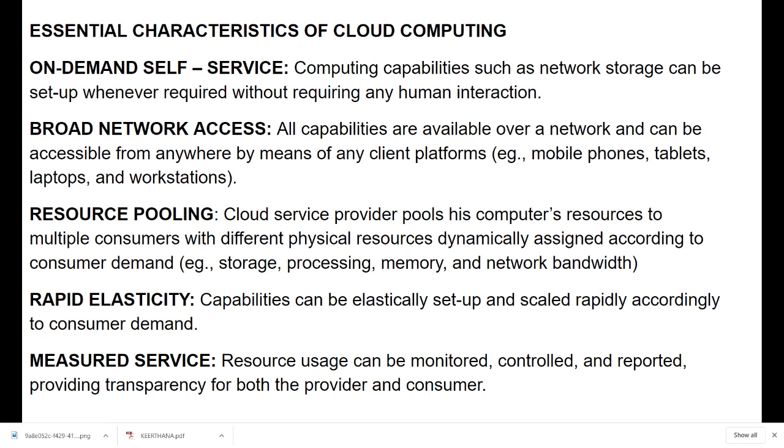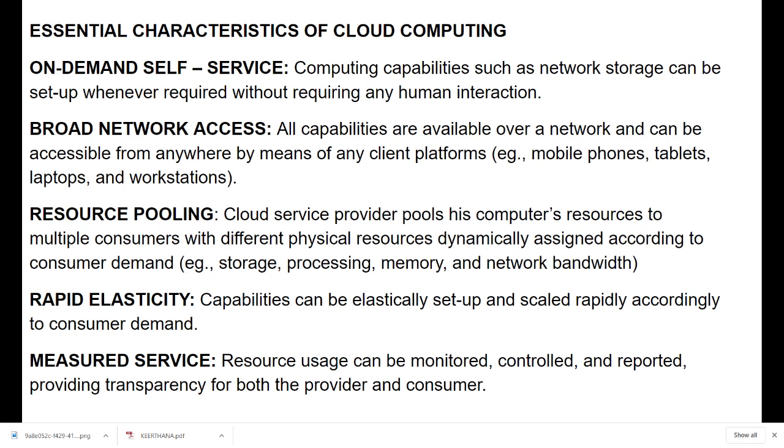They will be empty, and these coaches can be joined with another train that has more passengers. Similarly, in cloud, resource utilization can be increased or decreased according to the consumer's needs.